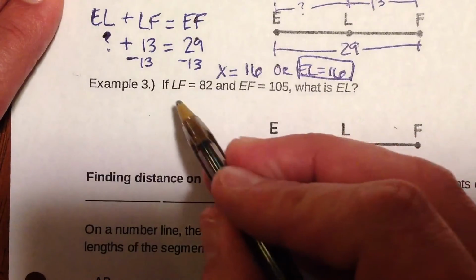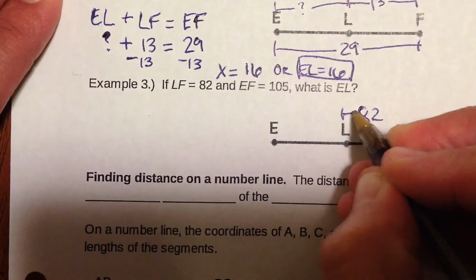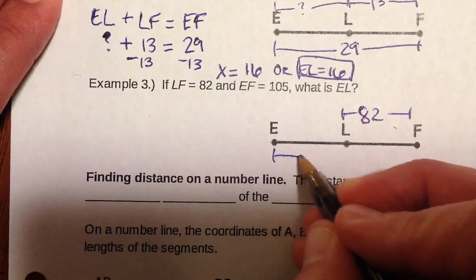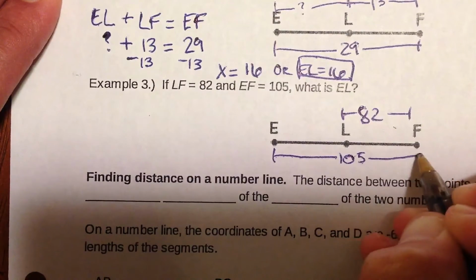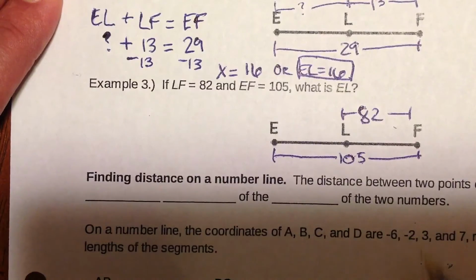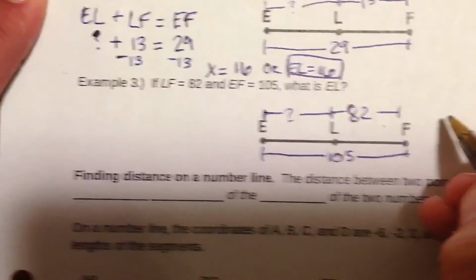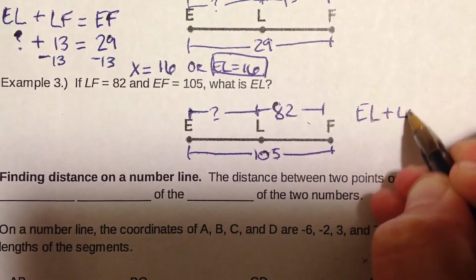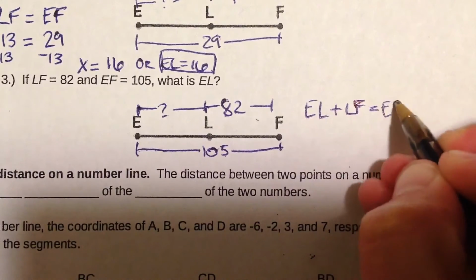Example 3, LF equals 82. That's one of our small pieces. It says EF equals 105. And we're looking for EL, which is one of the small pieces again. So again, my small pieces, EL plus LF, equal my large piece, which is EF.